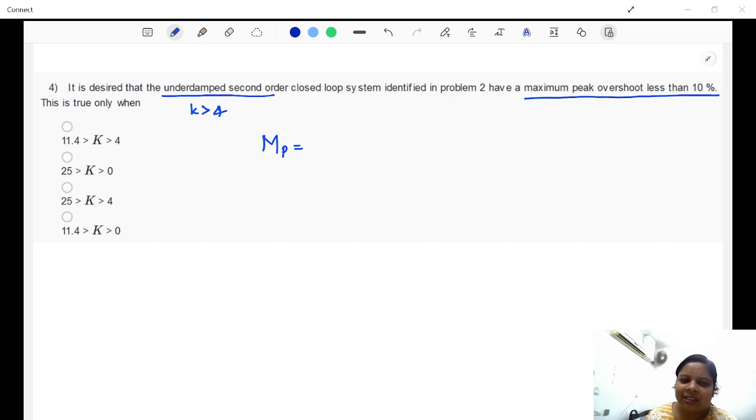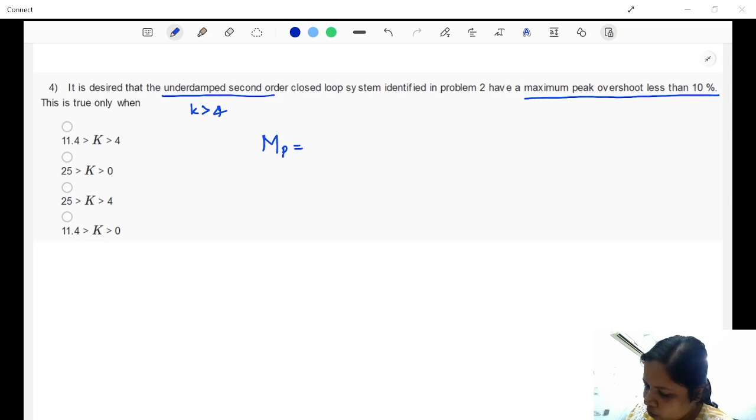How had we seen this? There was an example of slamming of the door. If the door overshoots to the other side to a large extent, that means it is underdamped. If it goes slowly and gets to its original position without overshooting, that means it has a higher zeta value, higher damping ratio value.